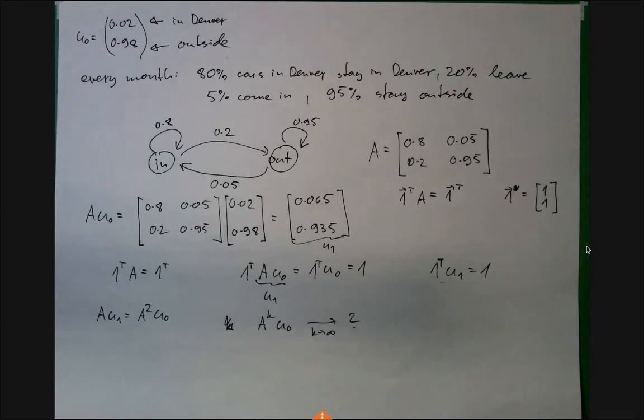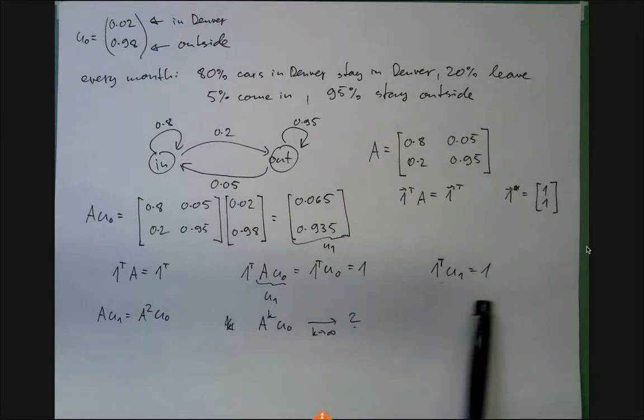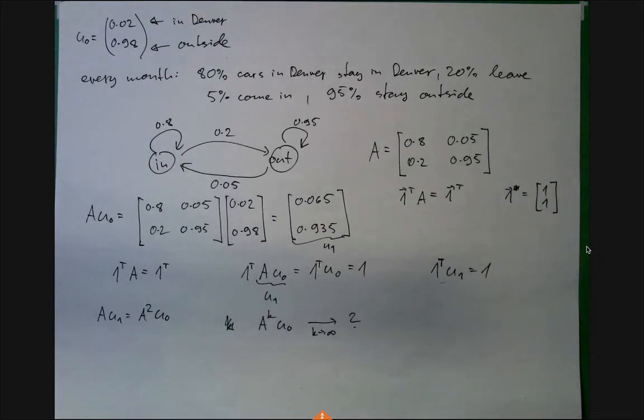If I take a next step, I compute A squared U0. If I simulate another month, I will do A cubed and so on, right? So after k steps, or k months in this example, I will get A to the power of k times U0, okay? From this, you can see it's always going to be a distribution, because in our model no cars are disappearing, so it's always summing to 1. It's just the proportion outside versus inside, okay?